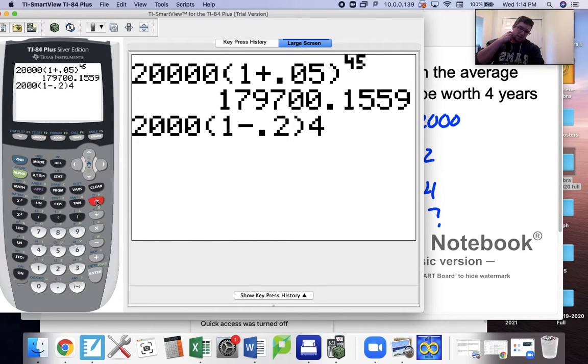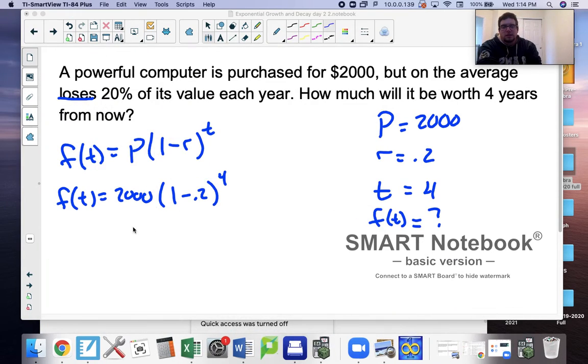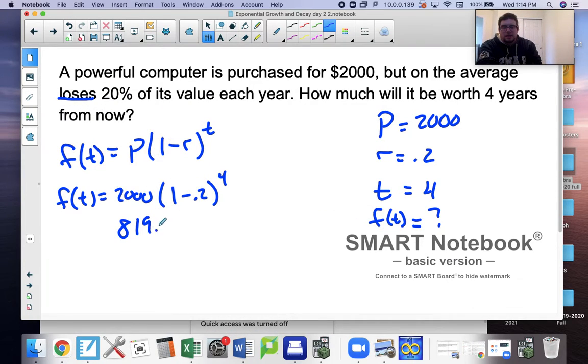Whoops, guess I didn't hit the caret. And so after 4 years of owning that computer, it's only worth a measly $819.20. That's all it takes, 4 years, and it's already lost more than half of its value.